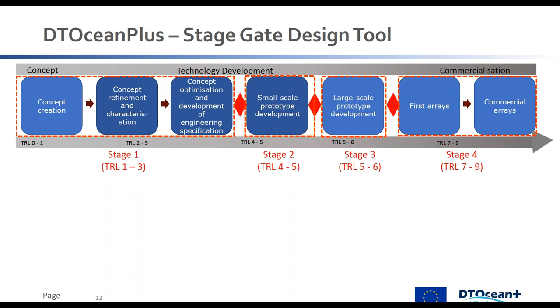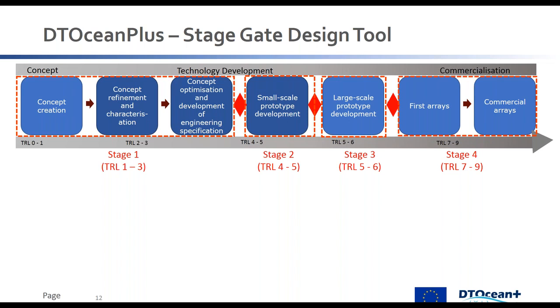With the stage gate design tool, this pathway is split up into these clear defined stages, and within each stage are points where you measure successive technologies, and you're able to compare technologies through the stages.